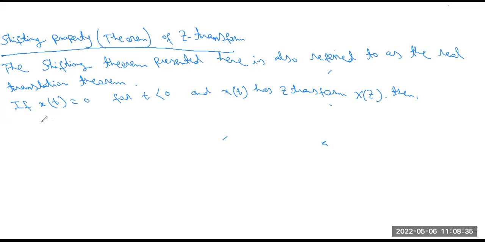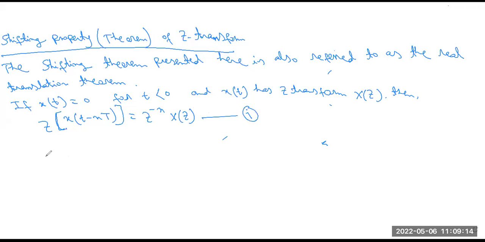The first one is Z of x(t minus nT) is equal to z to the power minus n X(z). This is number one.